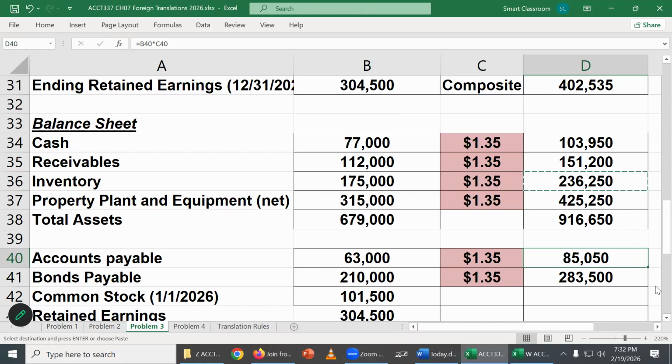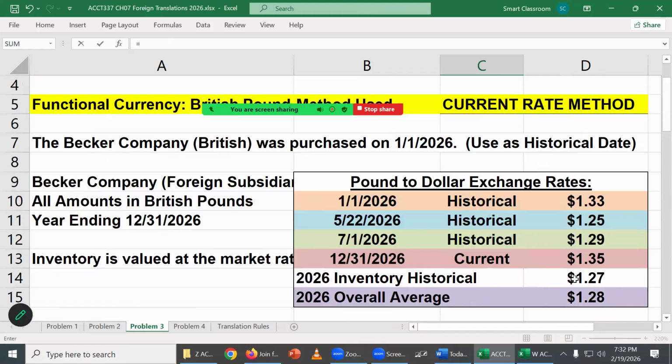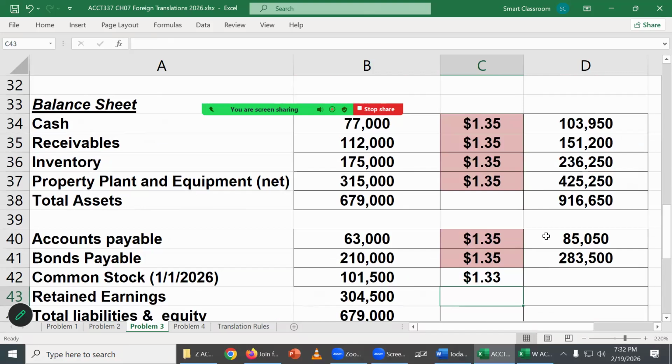Common stock will be as of the first of the year. It'll be historical. Do I have that one already? I do.